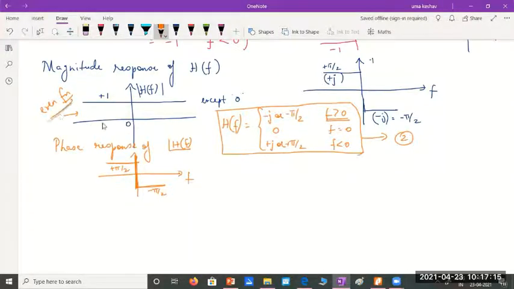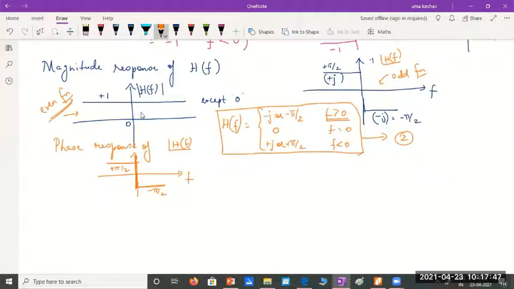That's why the magnitude function is an even function, whereas this phase plot of h of f is an odd function. Whenever the values change for negative and positive, so when negative frequencies have a different value and positive have a different value, it is surely an odd function. And when both negative and positive have the same value, it is surely an even function.